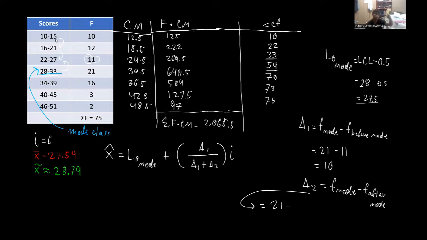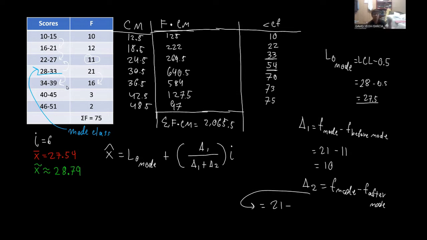Since the order is ascending, what comes after the 28 to 33 interval is the 34 to 39 interval.